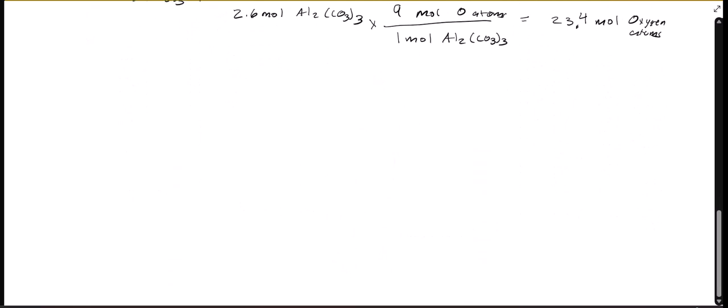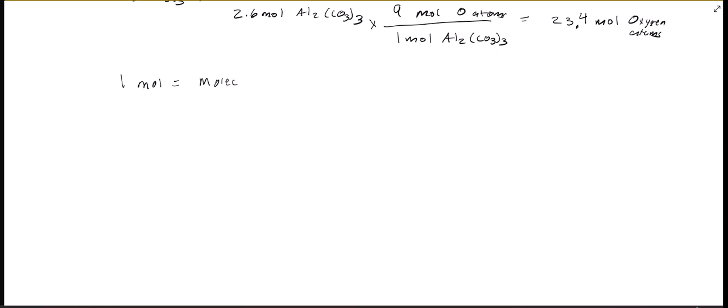Alright, so there's another conversion factor that we can have. We have that 1 mole equals the molecular mass in grams, so we can always use that.